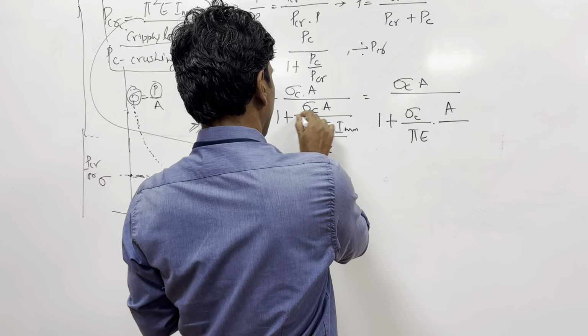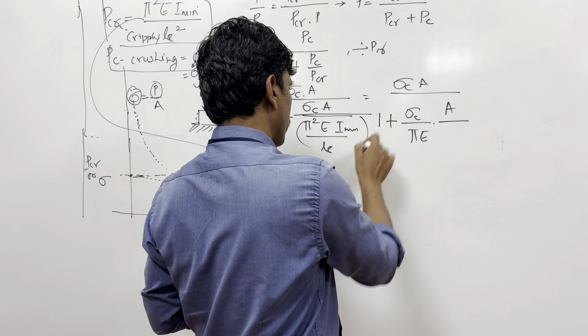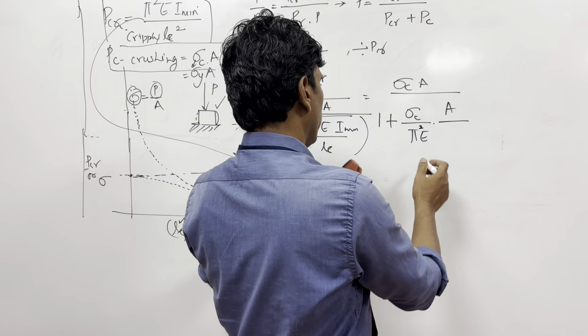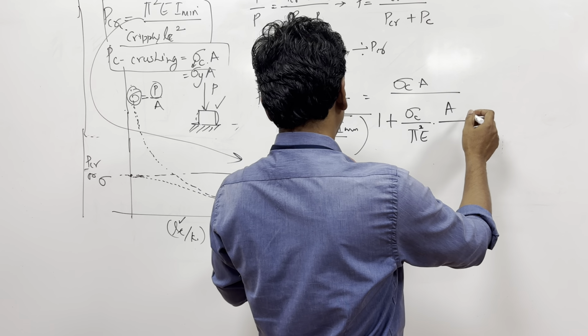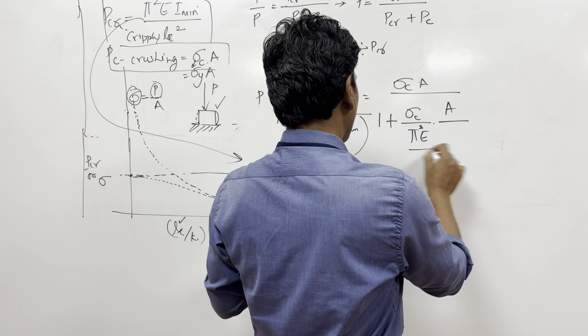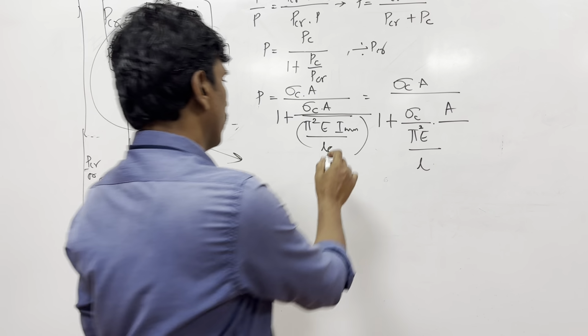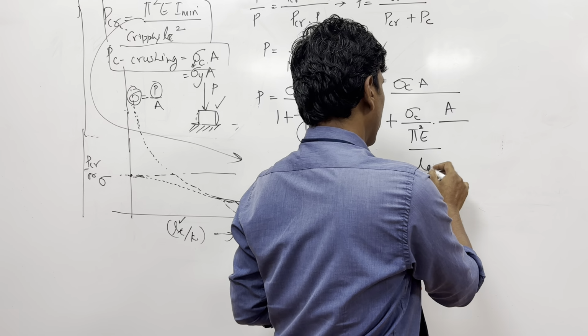So this is sigma c into A, this is in the denominator. So pi square E, and this LE can be taken. So LE is here. Guys, is this LE square? Yeah, this is LE square here.